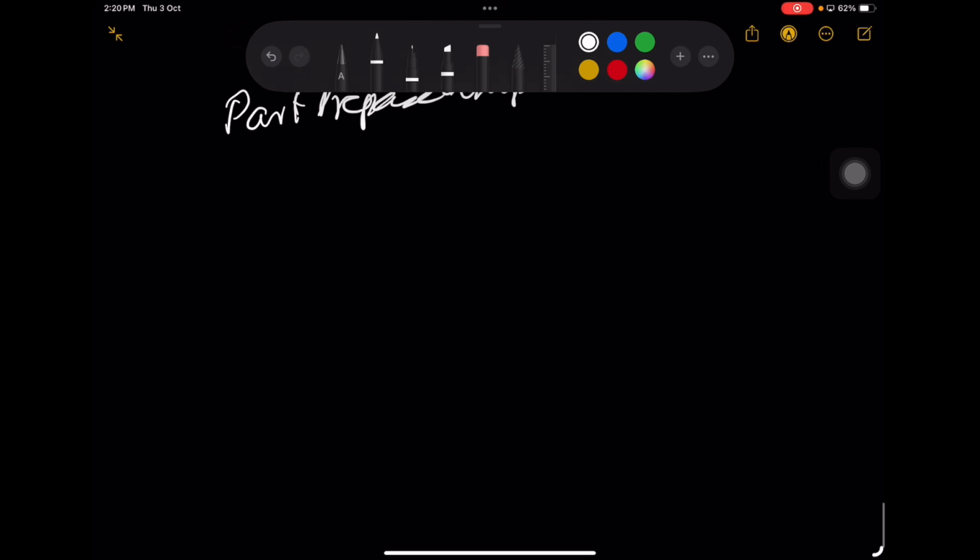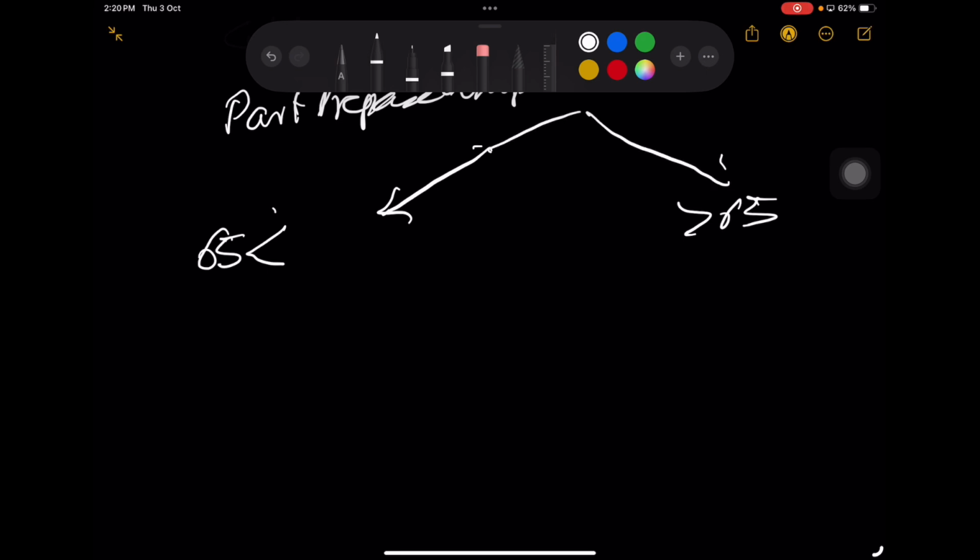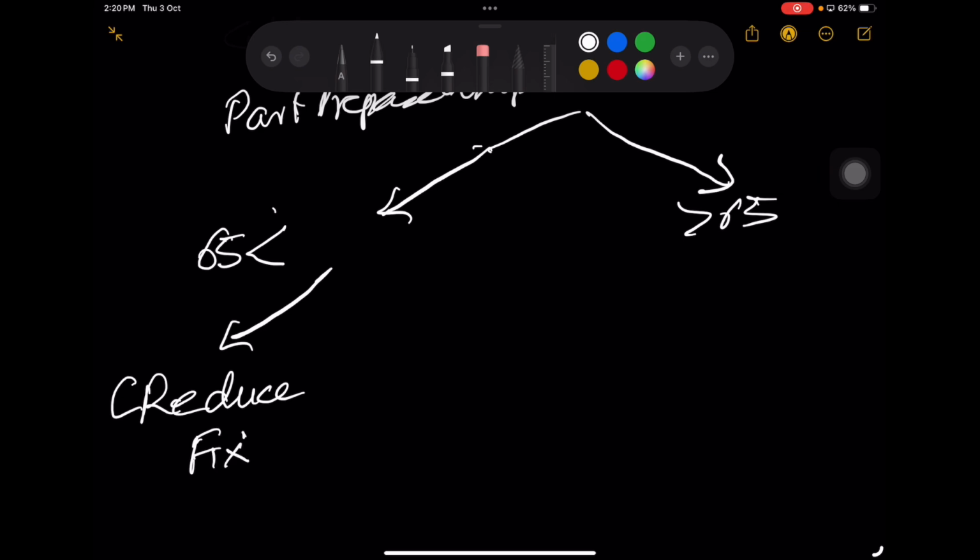Now, in young people below 65 years of age and above 65 years, your approach is different. Below 65 years, if you can reduce the fracture, you fix it.